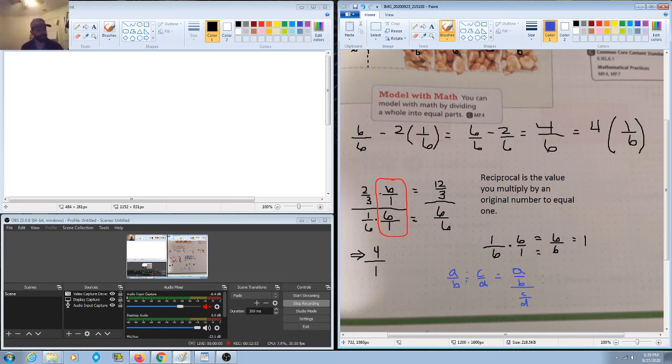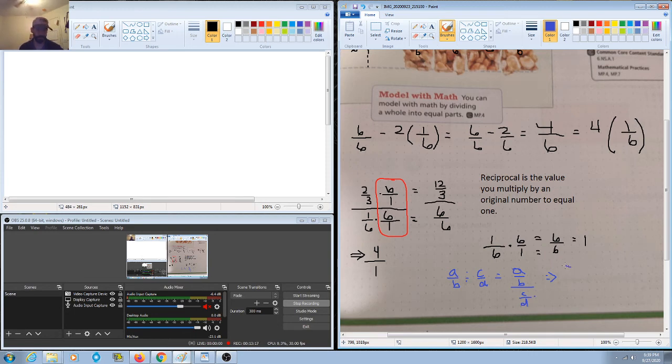But what I'm going to do now is multiply the top and the bottom by that reciprocal of C over D. Now remember, even though these are variables, we can still find a reciprocal because we just want to represent C over D multiplied by something to equal 1. And that's just flip-flopping the numerator and the denominator.